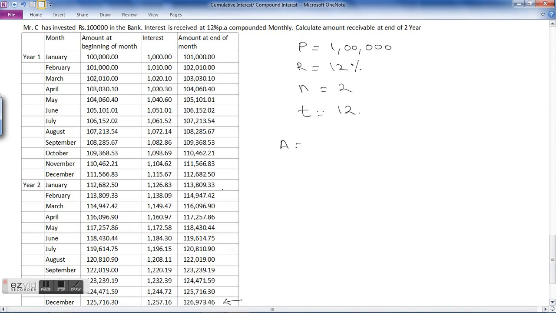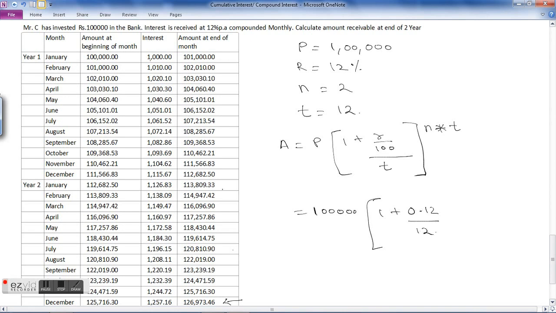So now let's put the formula. P into 1 plus r upon 100 divided by t, into n into t. Now principal is how much? 1 lakh. 1 plus r by 100 is what? 12%, that is 0.12 whole divided by 12, into number of years 2 into 12.